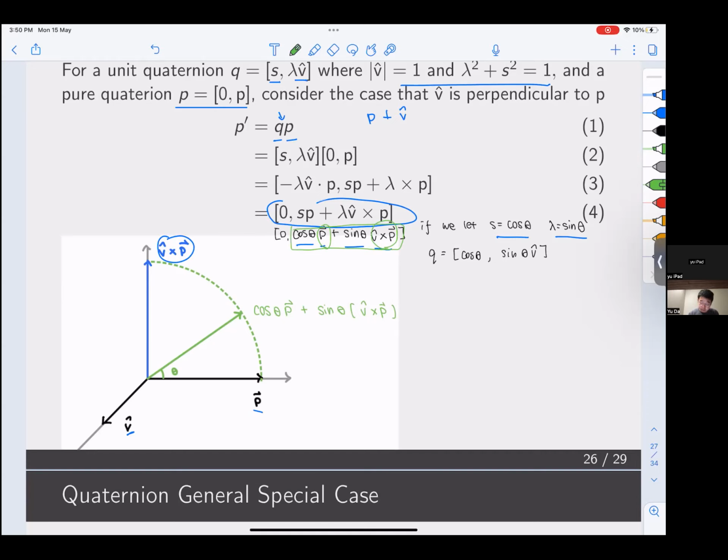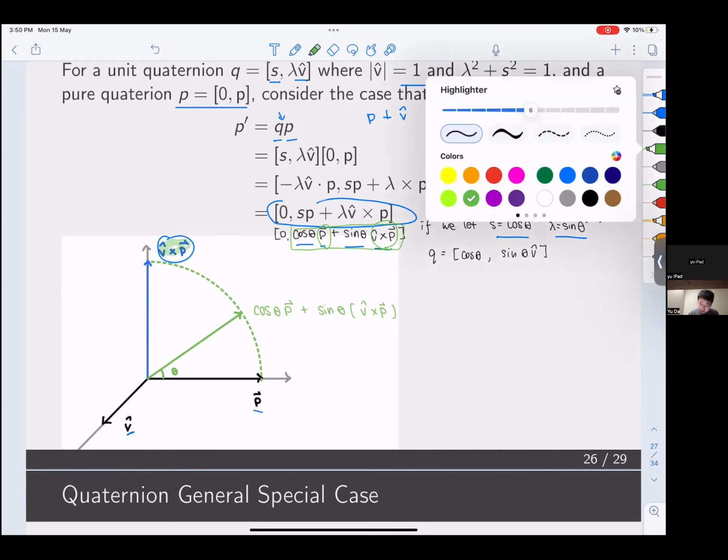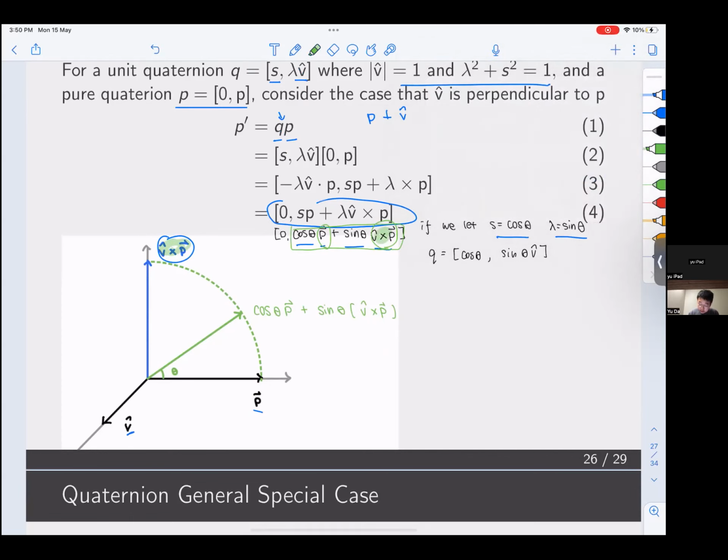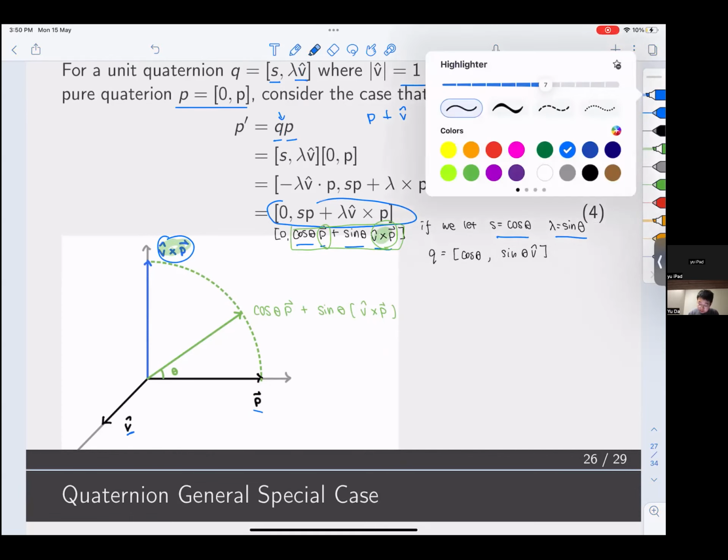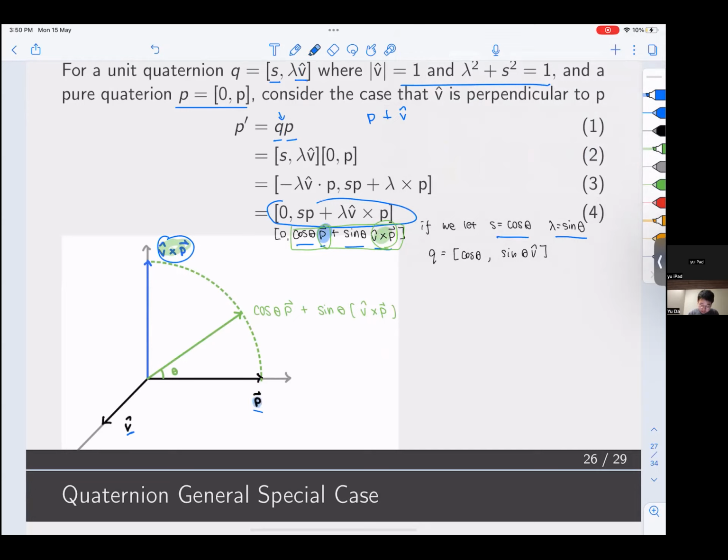So we have the V cross P here, and also the P part here. The sine and cosine theta terms give us a nice result, where the vector is inside that plane, with the relation to theta.